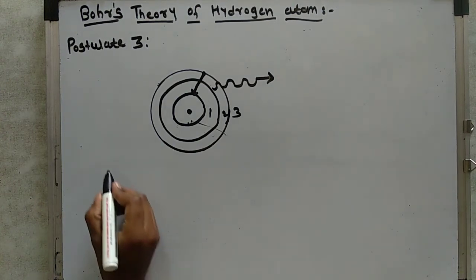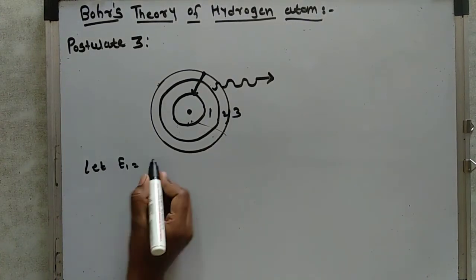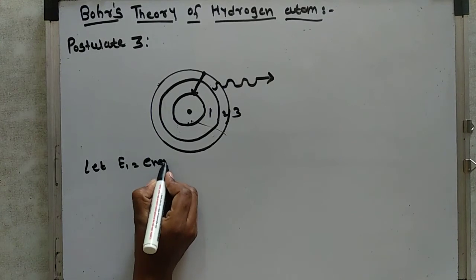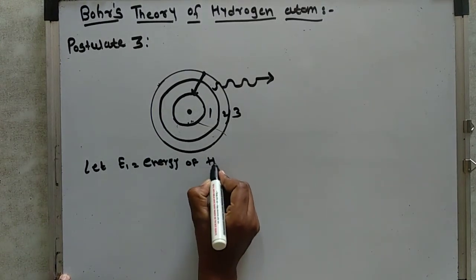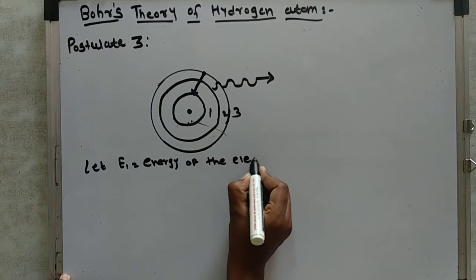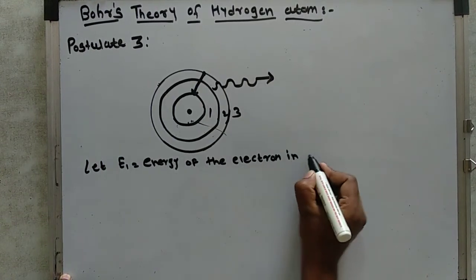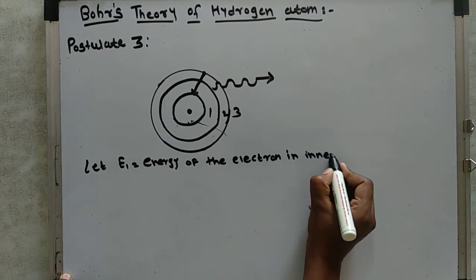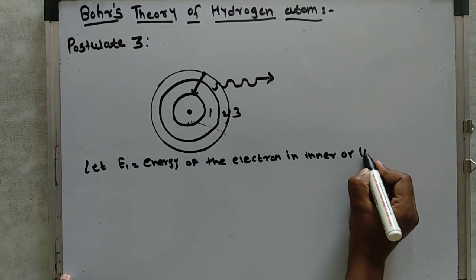Let E1 is equal to the energy of the electron in the inner or lower orbit.